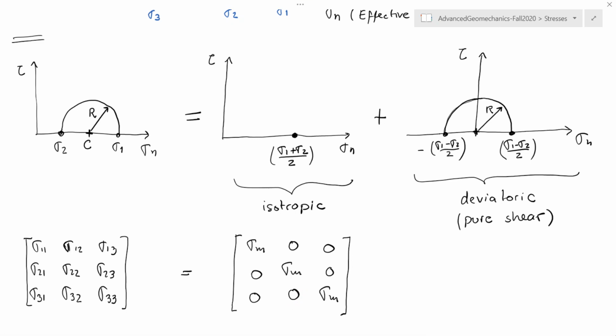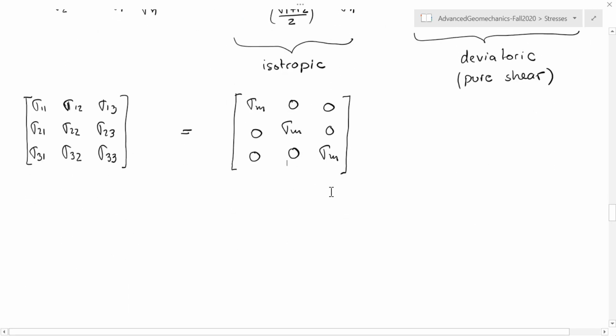Here, the mean stress is equal to the average of all the normal stresses. This is a quantity that we're going to see is going to be always the same no matter in which coordinate system you write your stress tensor.